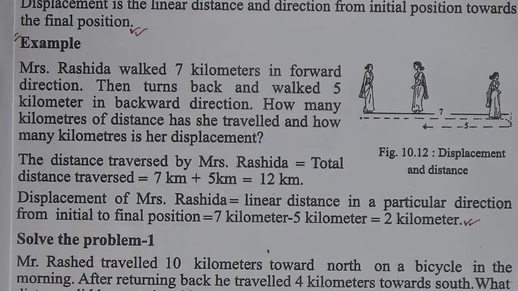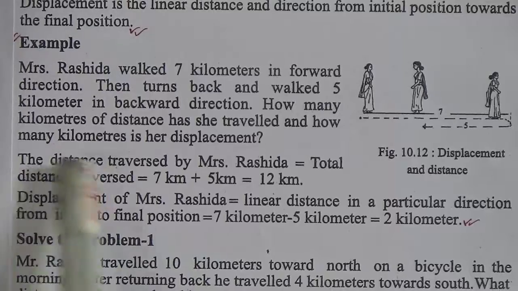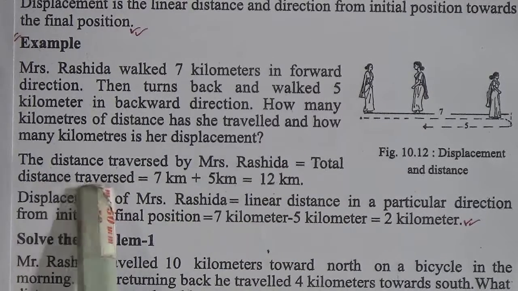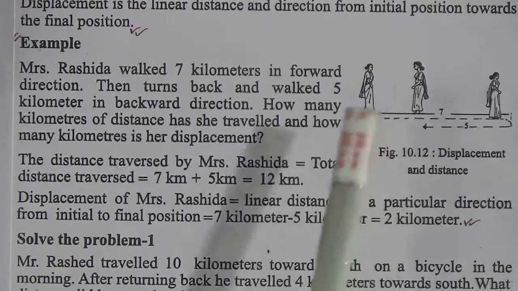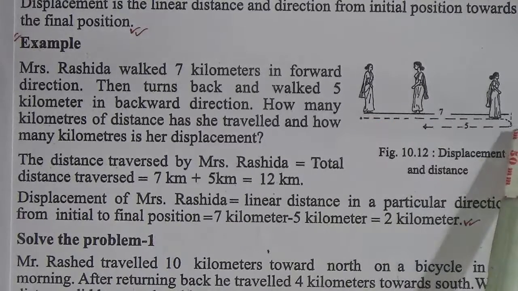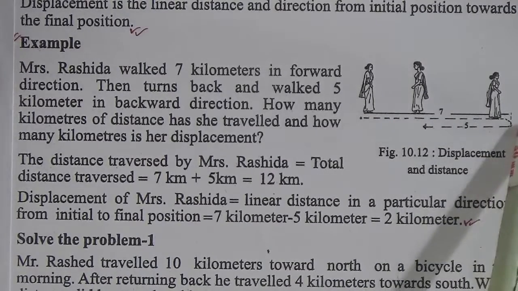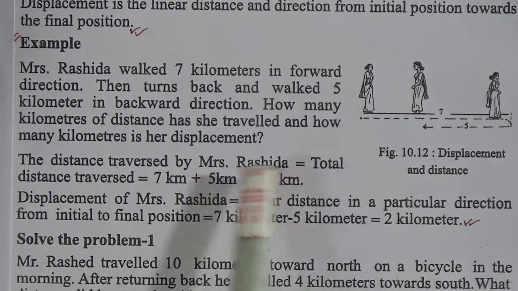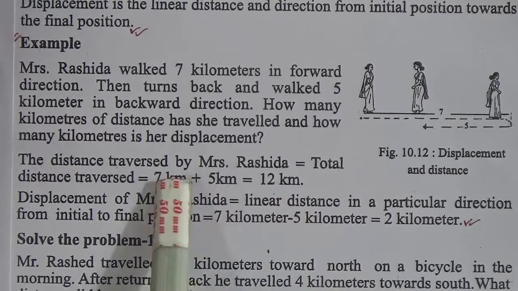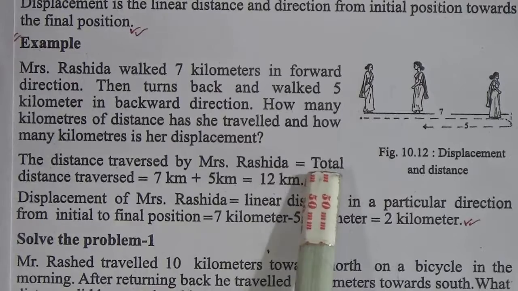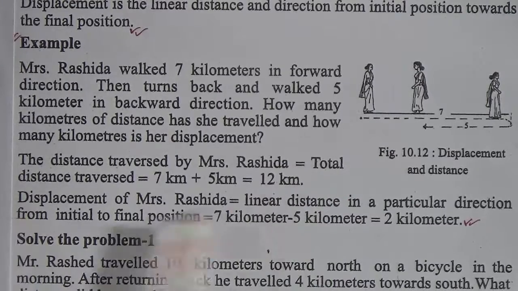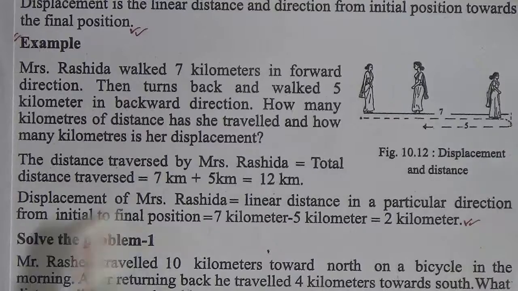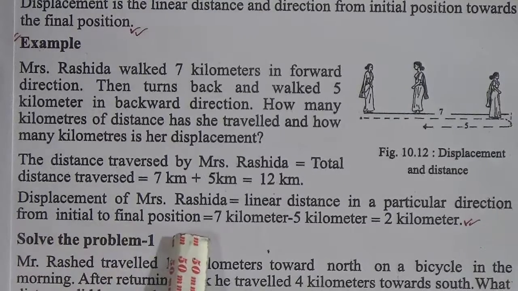Problem number 1. The distance traversed by Mrs. Rashida, the total distance traversed. That means she went 7 km forward, then she turned back and went 5 km backward. So her total distance is 7 km plus 5 km equals 12 km. And the displacement of Mrs. Rashida is the linear distance in a particular direction from the initial to the final position.